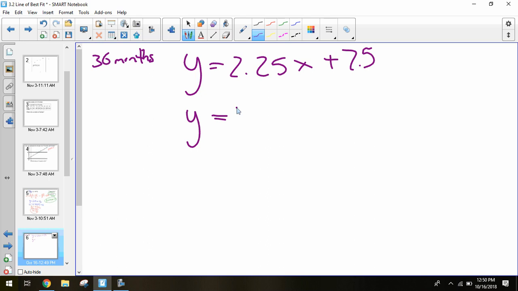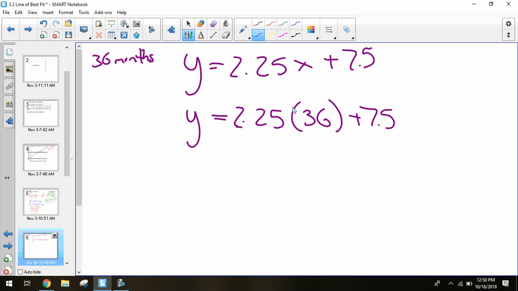So y equals 2.25 times 36 plus 7.5. There's no x. We substituted 36 in for our x, because x represents the age of the panda. We're looking for the size of the panda after 36 months, so we're going to substitute that in.